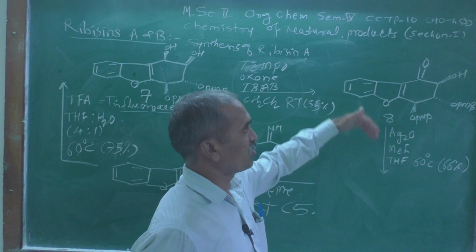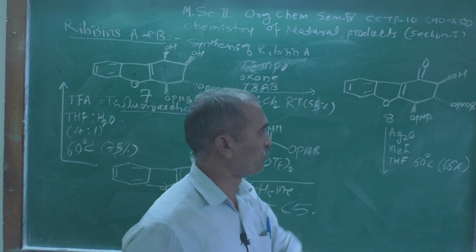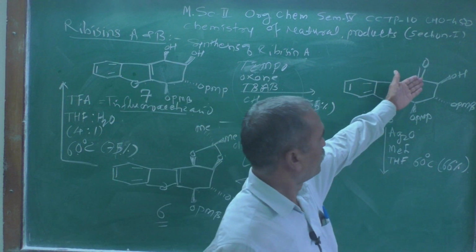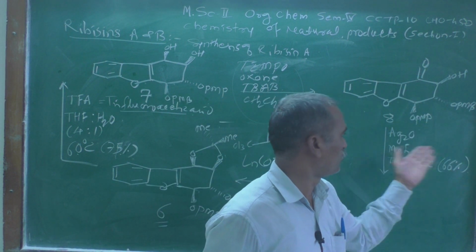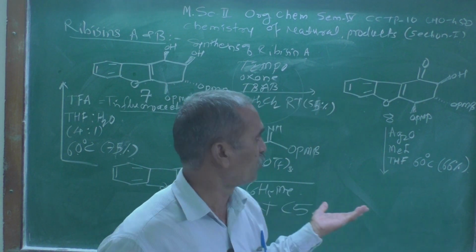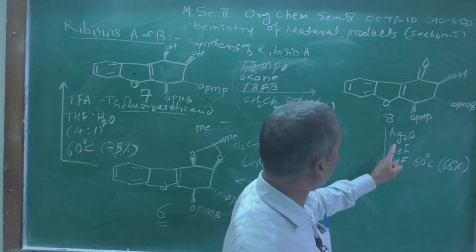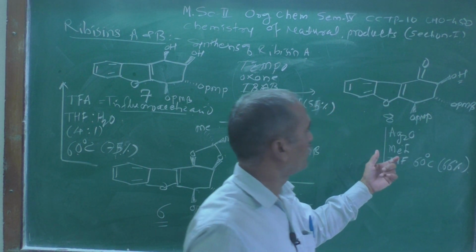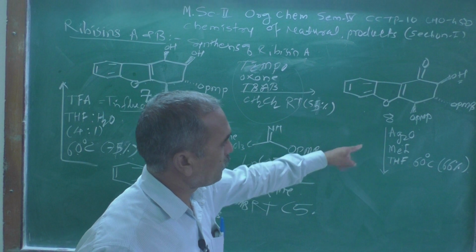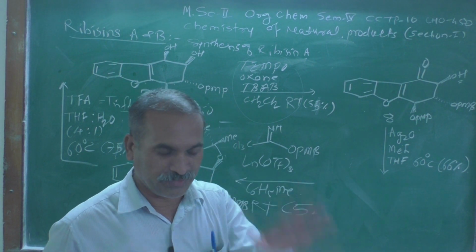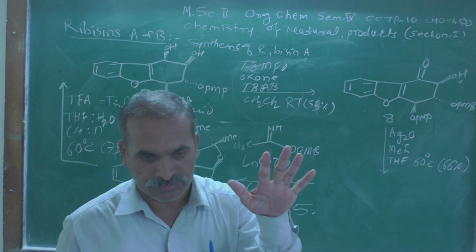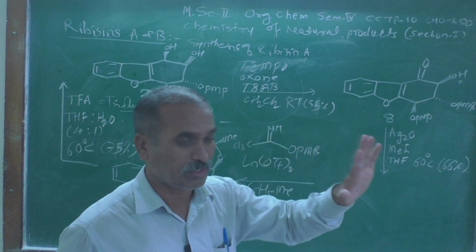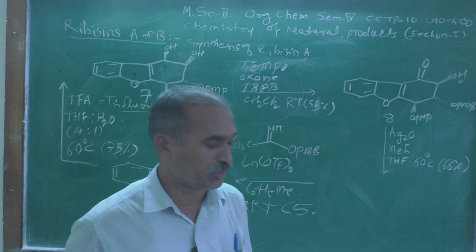Now, what do you think? Chemoselectively, which functional group is going to change over here? See, these are the protecting groups, we are not deprotecting over here. So definitely this hydrogen atom gets replaced by a methyl group, which is the group we have seen in our target molecule.